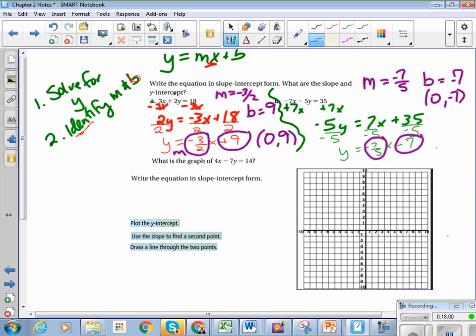All right, so now we're going to take this to the next level. We are going to do these 2 steps, solve for y, identify the slope and the intercept, then we're going to plot the y-intercept, use the slope to find the second point, and then draw a line through the 2 points.